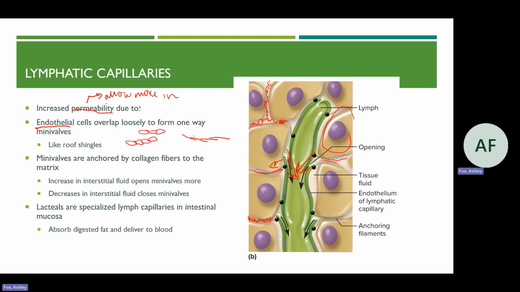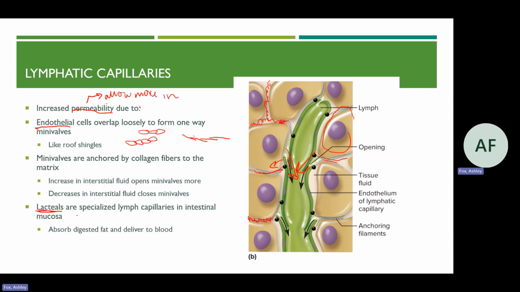If you have less interstitial fluid, you have less pull on those collagen fibers, well, then they're going to be a little more closed. They'll still be open, but they're not as extensively open. Because if we have less interstitial fluid, we don't need as much drainage. And again, lacteals, we're going to talk more about when we get to the digestive system.